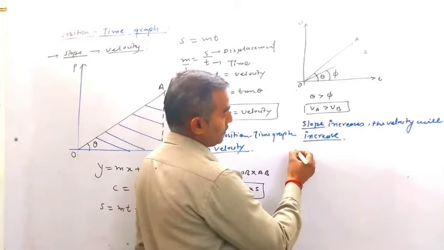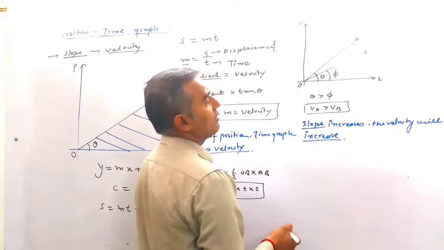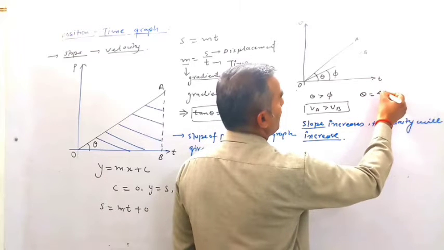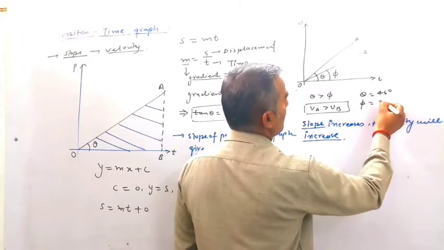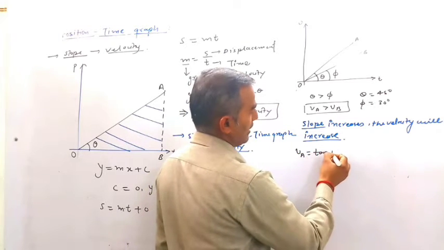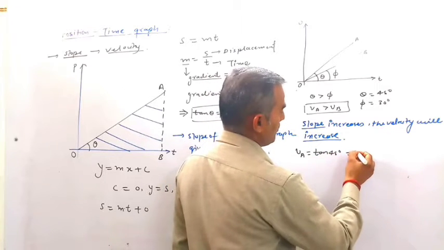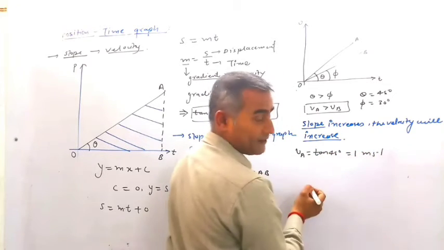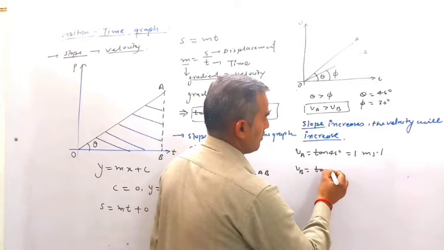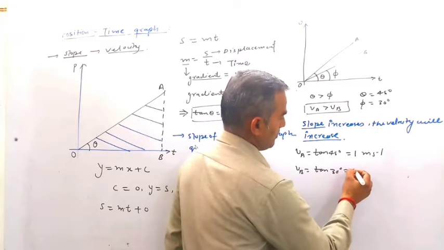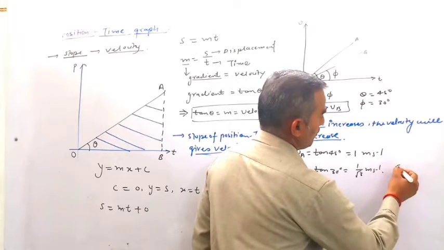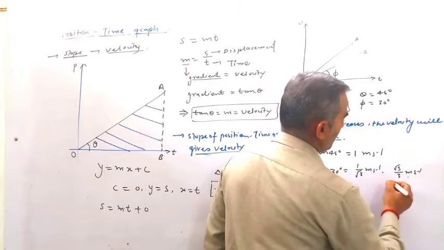To calculate the velocity, simply you take the angle. If you assume theta is equal to 45 degrees and phi is equal to 30 degrees, then velocity VA equals tan 45, which means 1 meter per second, and VB equals tan 30, which is equal to 1/√3 meter per second or √3/3 meter per second.